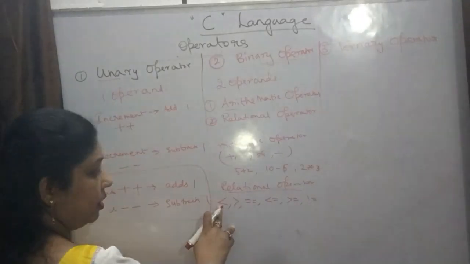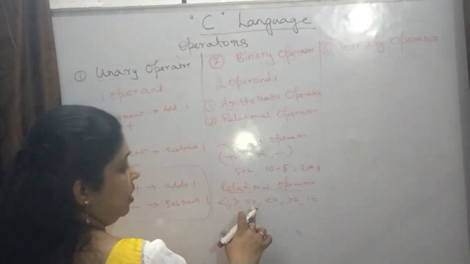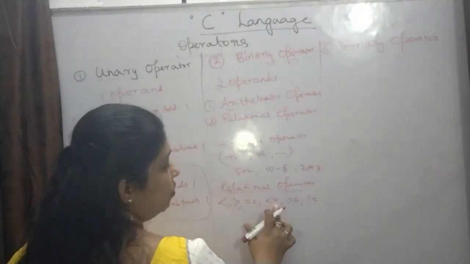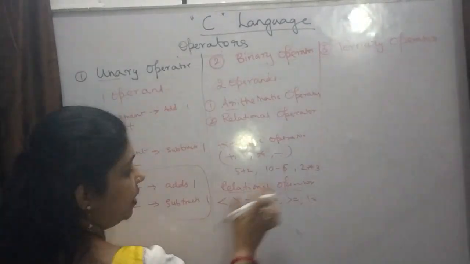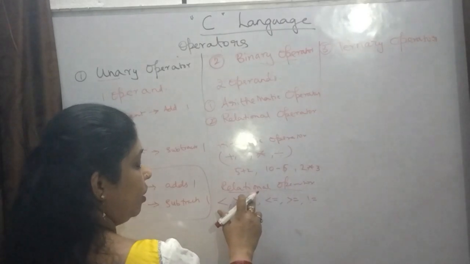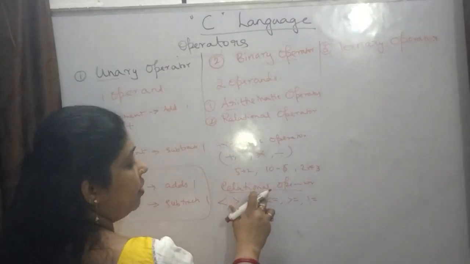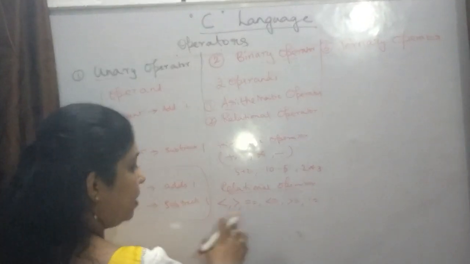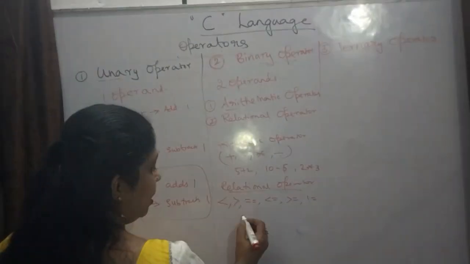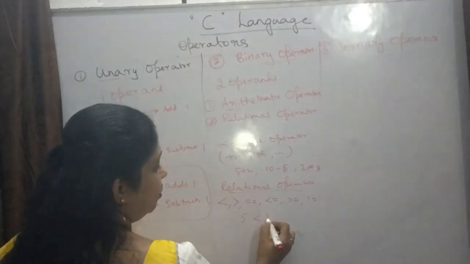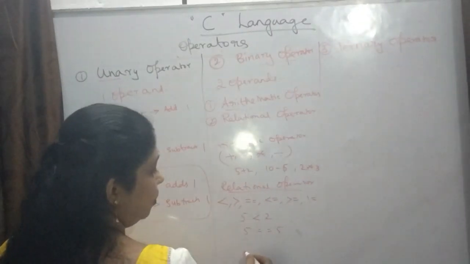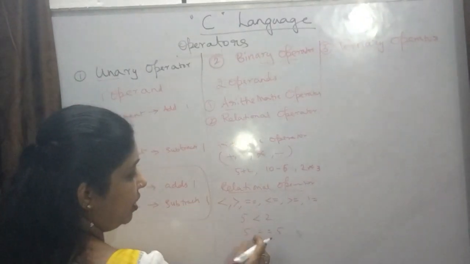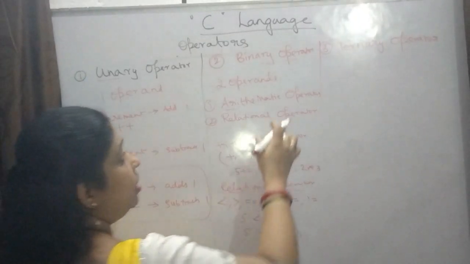So are you getting it? These types of operators are done with the relational operators. That means values are compared like this: 5 is less than 2, and 5 is equal to 5. So checking these types of conditions will be done in this.